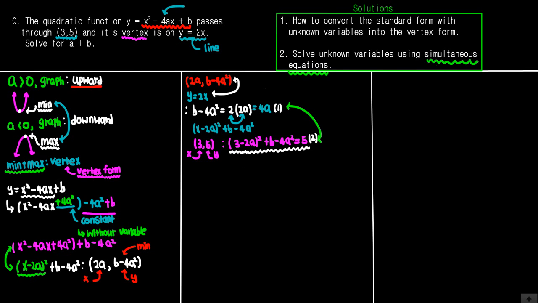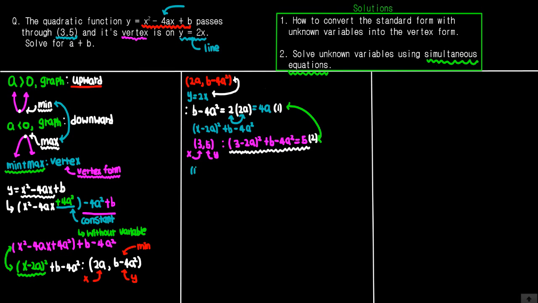But the other side should be the same in order to convert into our elimination equations. And b minus 4a squared is equal to 2 times 2a, which is basically equal to 4a.